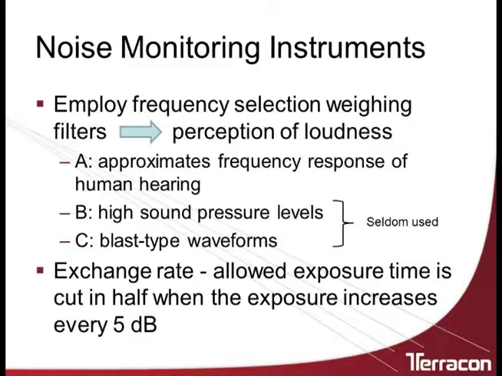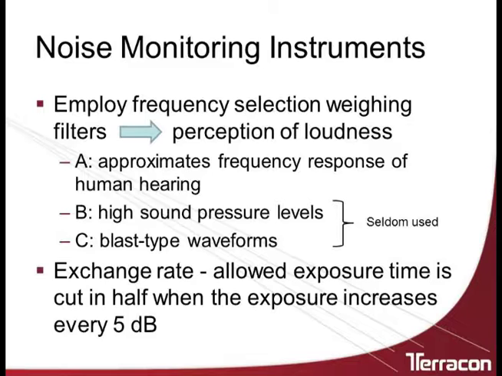So it mimics what we're hearing, or at least that's the theory behind it. B is used for higher sound levels, and C is for blast wave type functions. Again, these are seldom used. Usually A is what you're going to be using with respect to measurements.